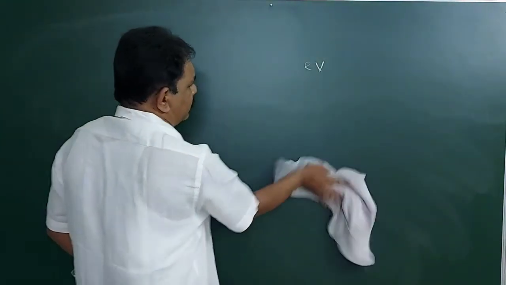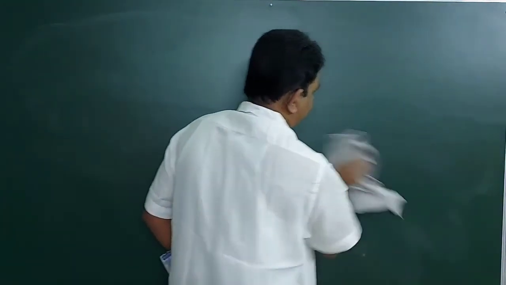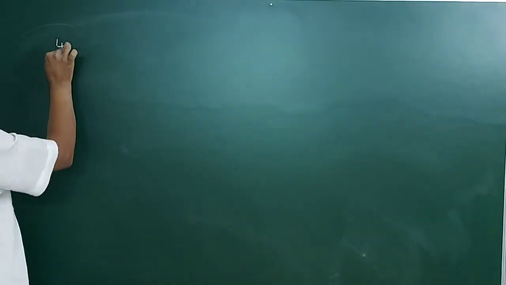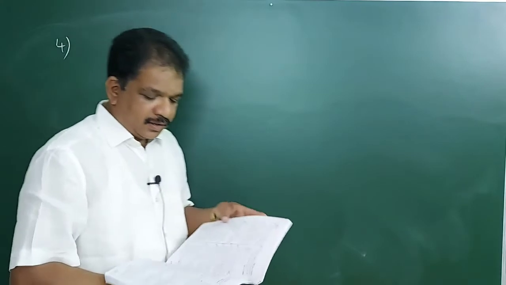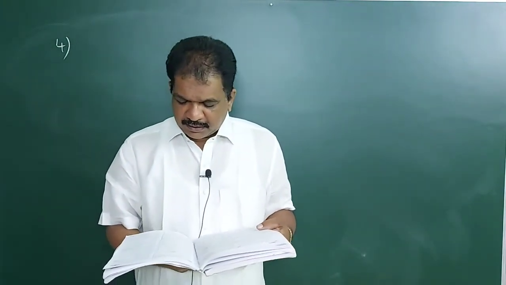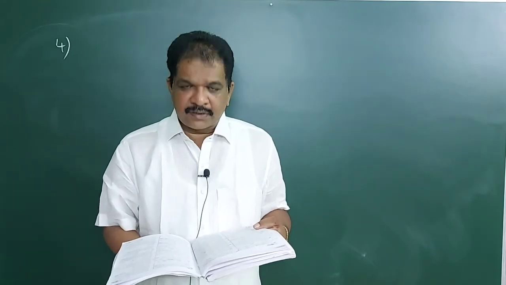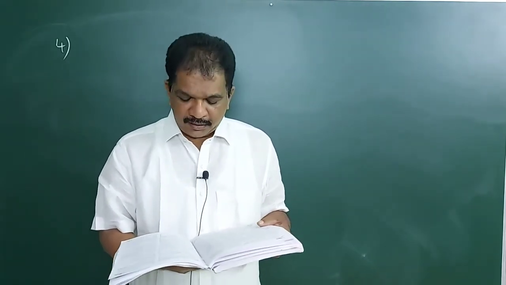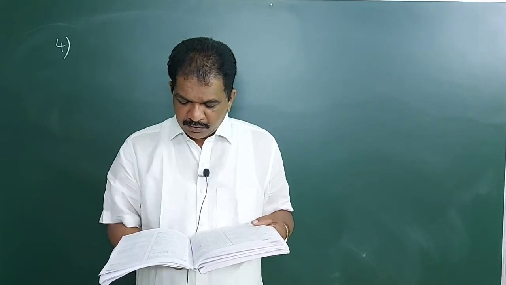Next, fourth question, you see what they are asking. The ground state energy of hydrogen atom is minus 13.6 electron volt.